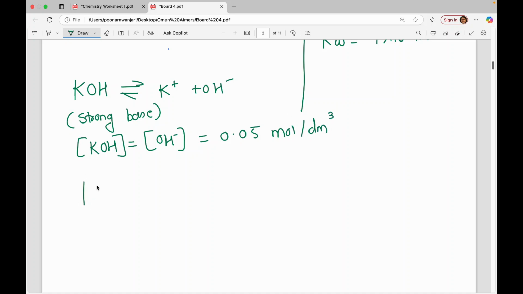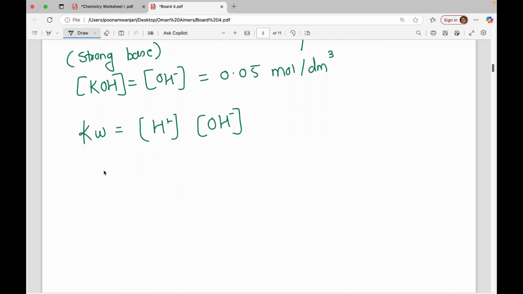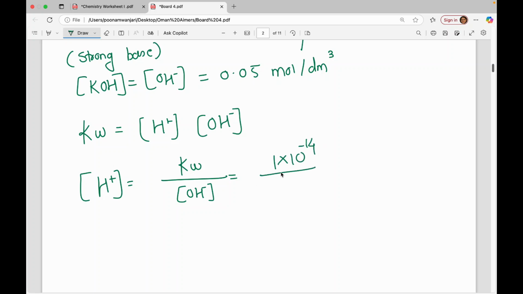Now just, students, rearrange this equation. Kw is equal to concentration of H plus times concentration of OH minus ion, and as we are calculating H plus, the concentration of H plus is equal to the ionic product divided by the concentration of hydroxyl ion. The value is given, 10 to the power minus 14, and the hydroxyl ion value we just came to know, 0.05. Calculate in the calculator, students. It is a very easy calculation.